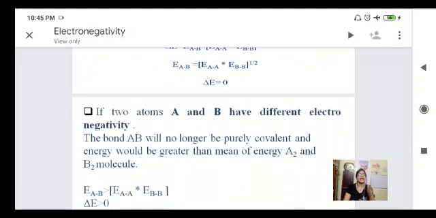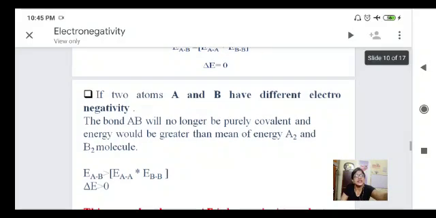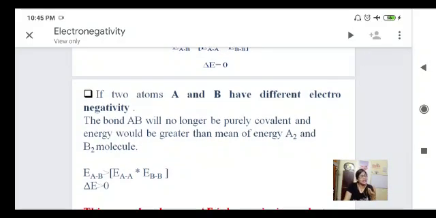For example, A and B are two elements of different electronegativity which form a bond and give a molecule AB. The bond AB will no longer be purely covalent because they differ in electronegativity. The one with more electronegativity drags the bonded electron pair towards itself. So the electron pair is shifted to the atom with higher electronegativity, and the bond energy would be greater than the mean of the energy of A2 and B2 molecules.